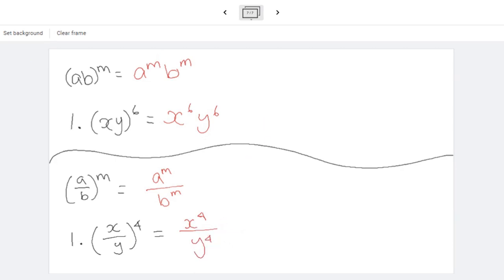Okay, before we end the day, we're going to look at one more thing. Remember how I said these rules only apply if the bases are the same? Well, what do you do when the bases aren't the same? If you have something like x to the power of 2 times y to the power of 4, do you add the exponents, 2 plus 4?